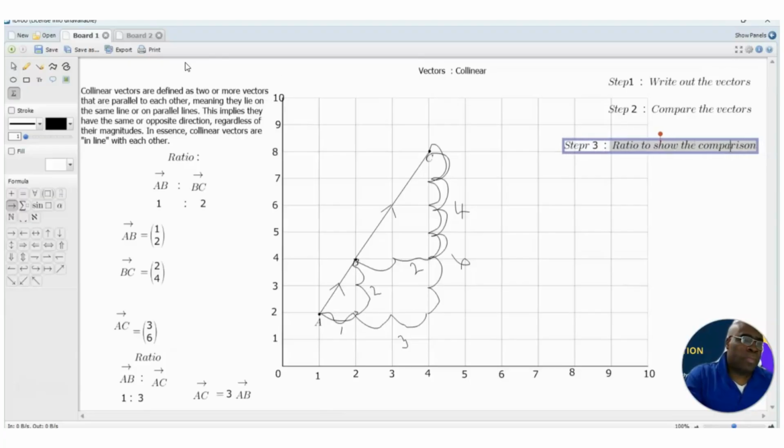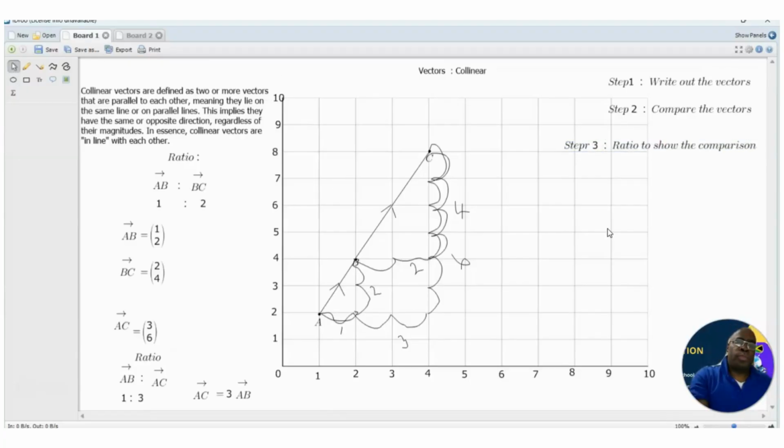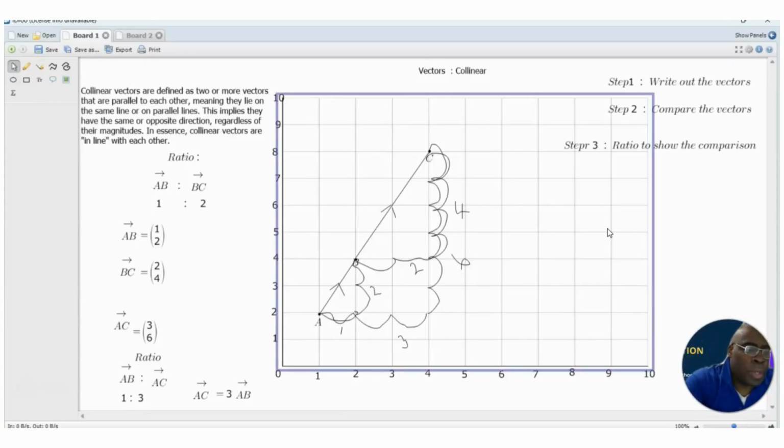And that's it. That's how you show the collinear.